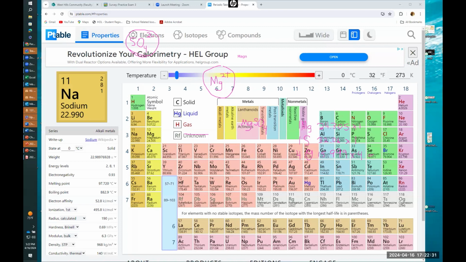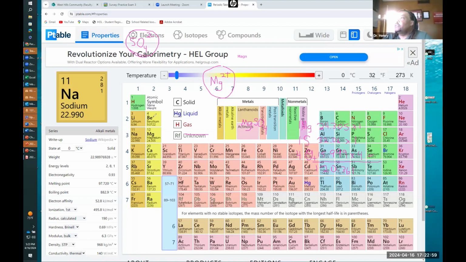So altogether it's 120.361. So now this is going to be our total atomic mass for the compound.